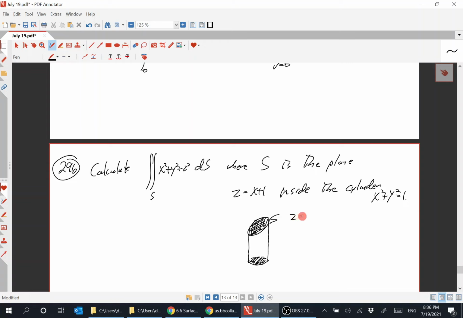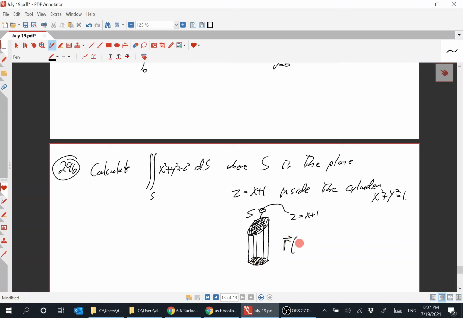So this is the plane z equals x plus 1, caught inside this cylinder, x squared plus y squared equals 1.